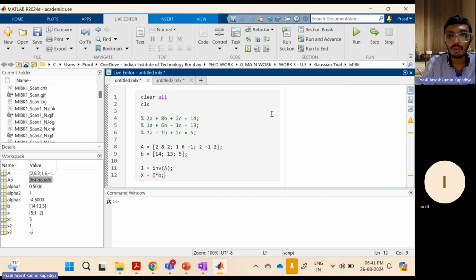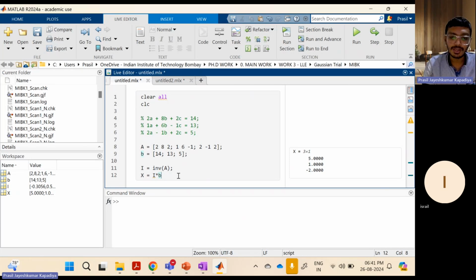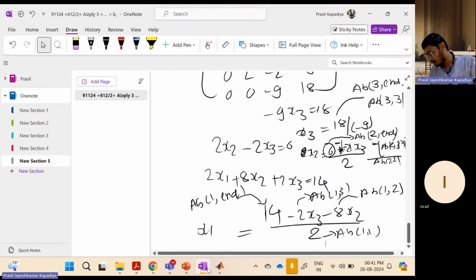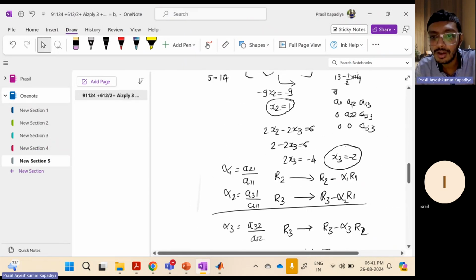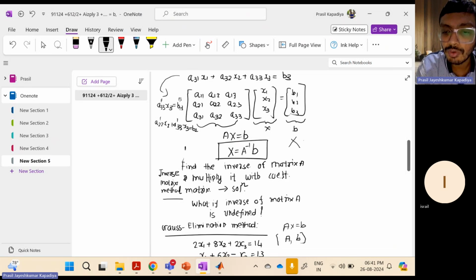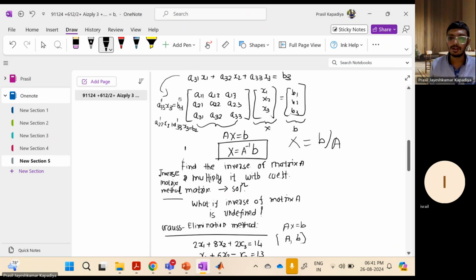Okay, in MATLAB there is one more facility. So what was the solution? 5, 1, minus 2. Instead of defining inverse of A, what I can do is, let's say my x is equal to, if we see here, I'm writing x is equal to b divided by A. Correct?